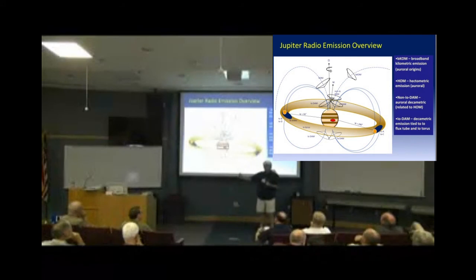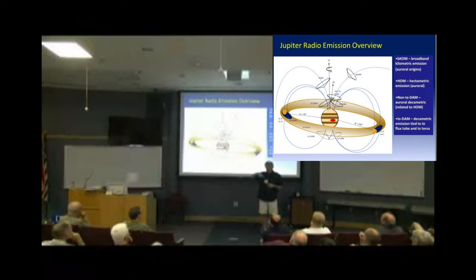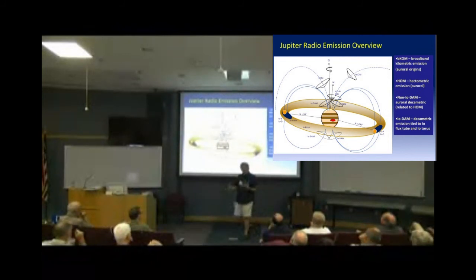So these electrons are moving down field lines, and in doing so, due to the influence of the electromagnetic forces on them, they're caused to spiral. So as these electrons spiral down the field lines, they're accelerated, and when you accelerate a charged particle, it will emit energy.